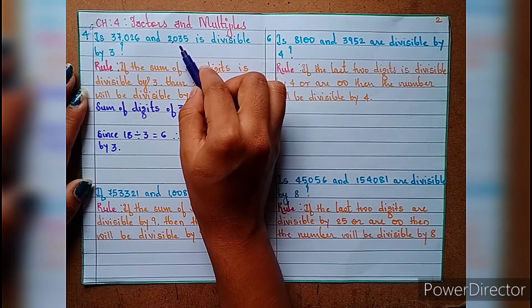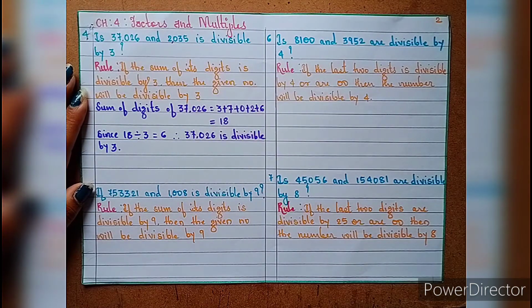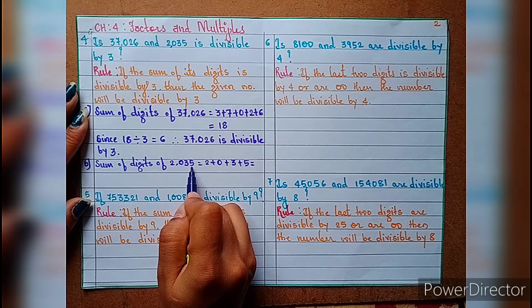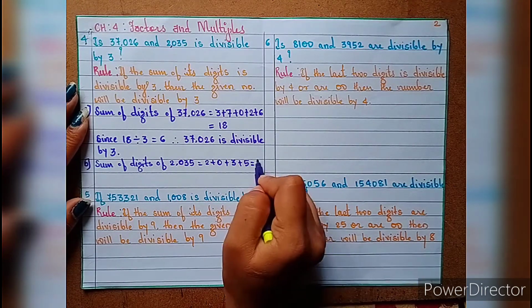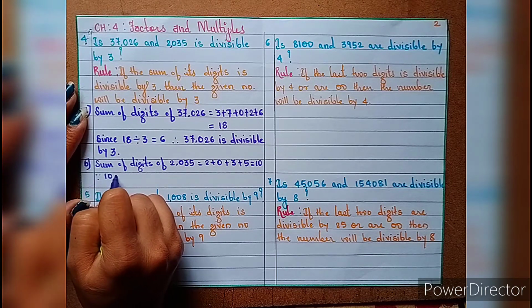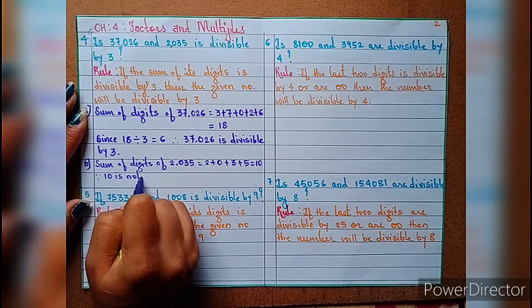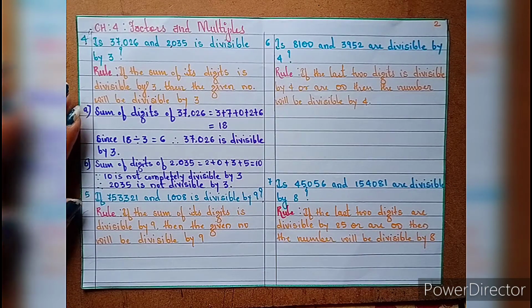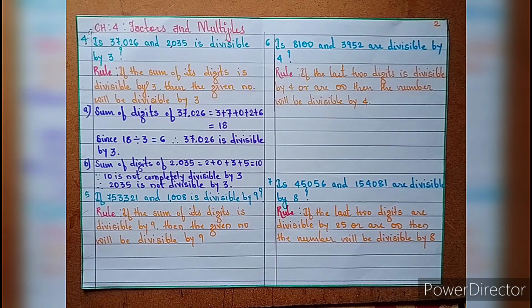Similarly, we have to check for 2035. Sum of digits of 2035, 2 plus 0 plus 3 plus 5 gives us 10. And you know, since 10 is not completely divisible by 3, therefore 2035 is not divisible by 3.